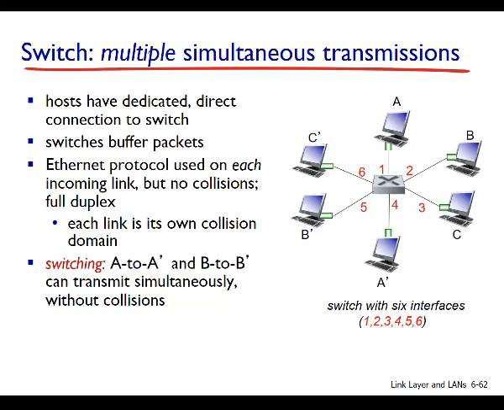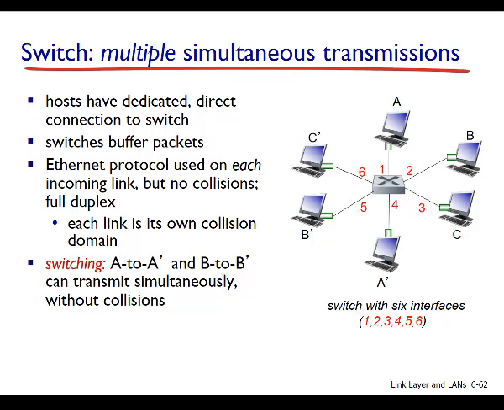So here is an example. Every host would typically have a dedicated and direct connection to a switch. Now the switch, as I mentioned earlier, will buffer packets if packets are arriving faster than they can be sent out.